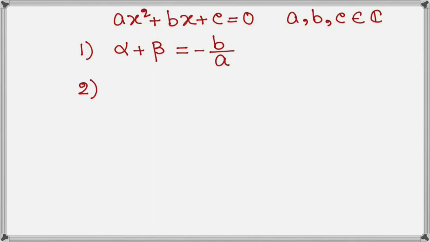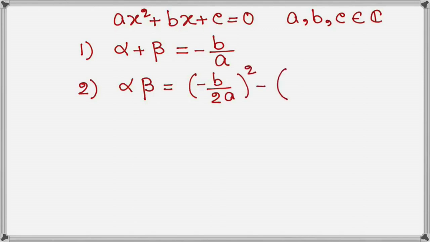The second one is that the product of the solutions alpha and beta is minus b divided by 2a whole square minus square root of b square minus 4ac divided by 2a whole square.